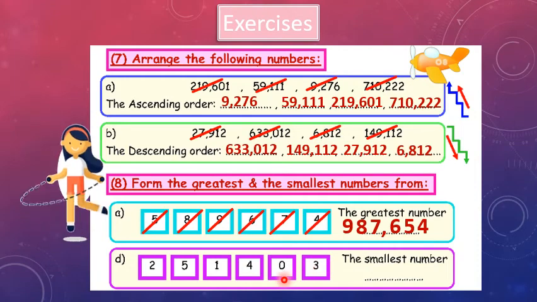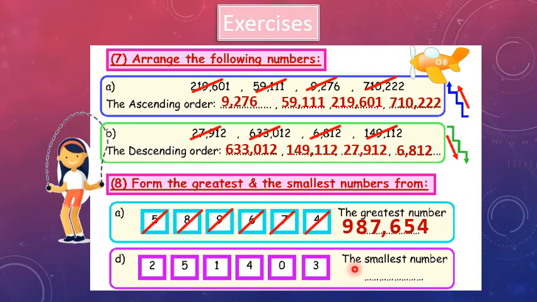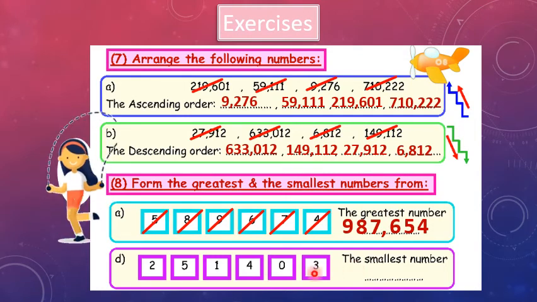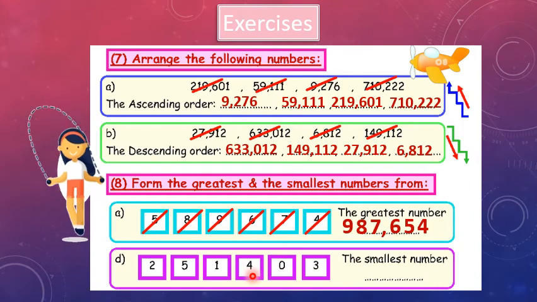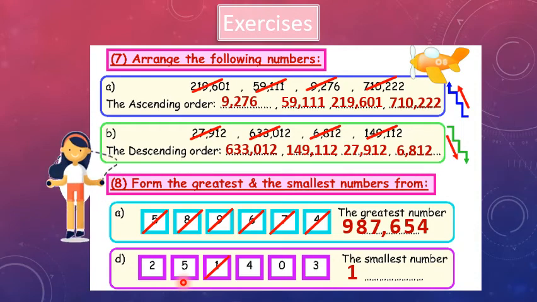Here we have six cards, and we want to form the smallest number. If we begin from the smallest digit, it is 0. Can you put 0 in the highest place value? No, because 0 on the left has no meaning. Now let's choose another. The second smallest digit will be 1. Then choose 1 and put it in the highest place value.